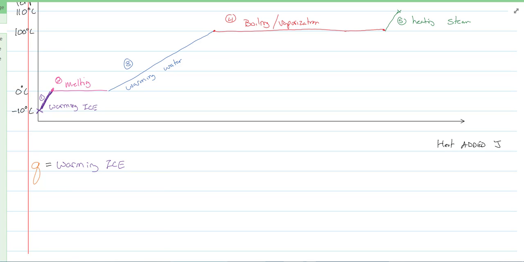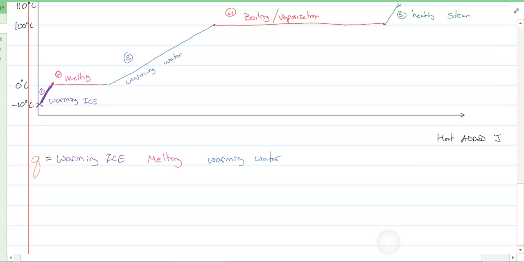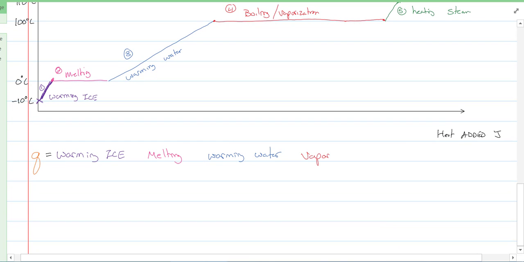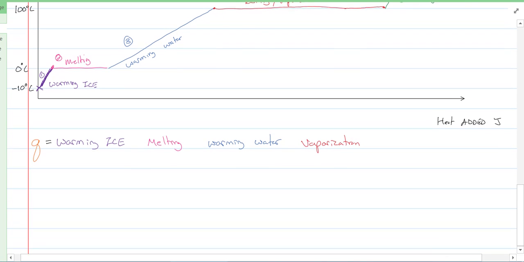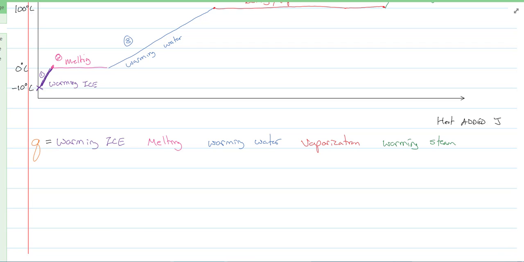So warming ice plus melting plus warming the water plus boiling or vaporization and warming steam. So it's all cumulative.